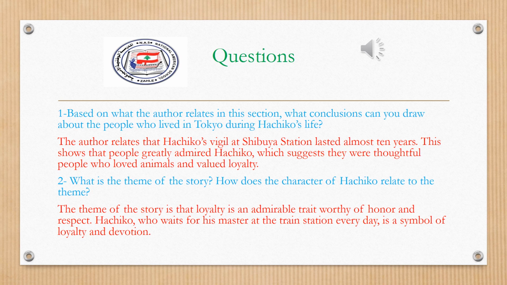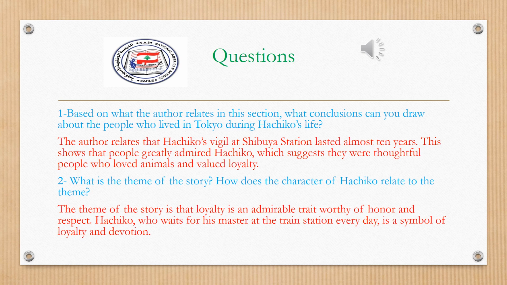The author relates that Hachiko's vigil at Shibuya Station lasted almost 10 years. This shows that people greatly admire Hachiko, which suggests they are thoughtful people who loved animals and valued loyalty, or appreciate loyalty.